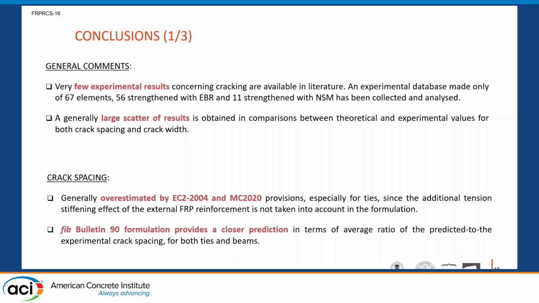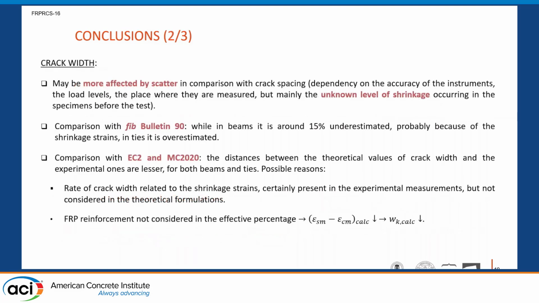If we check the crack width, we see that it is generally overestimated for the two codes that were not considering the FRP reinforcement, and it is expected, and it was quite okay for the FIB Bulletin 90 predictions. The crack width might be more affected by the scatter, even though we tried to consider only the mean values. And what are the reasons for that?